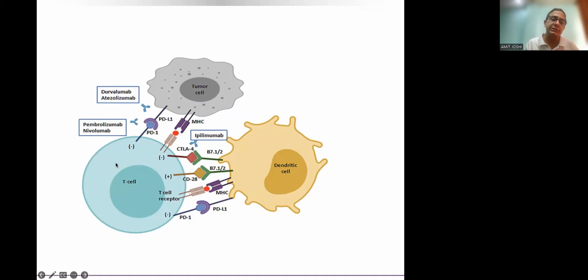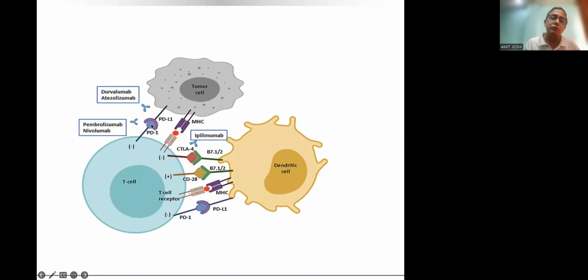So these T cells are designated to kill the tumor cells, but they get inhibited by the interaction of PD1 with PDL1. Whenever the tumor cell expresses PDL1 on its surface, the T cell has a PD1 receptor, and this binding of the PDL1 receptor on the tumor cell and the PD1 on the T cell will lead to anergy, or the silencing of the T cell.